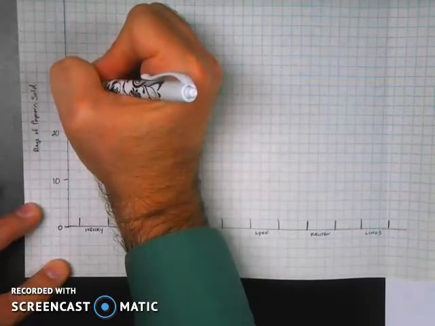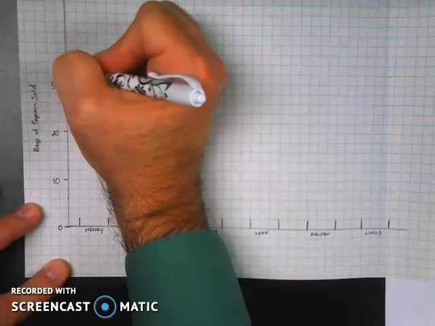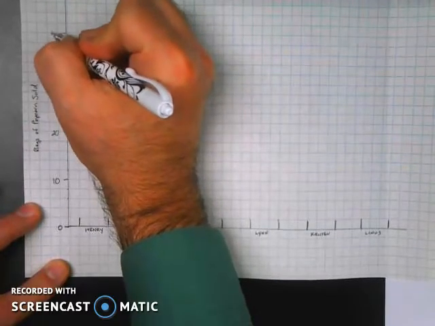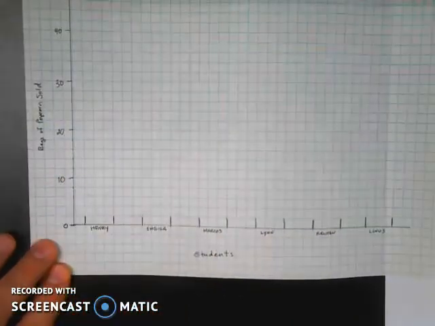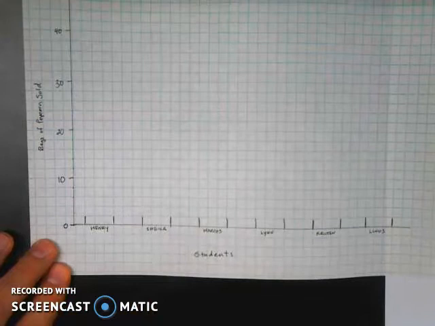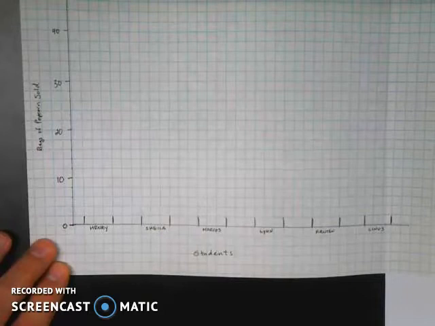And then I'm going to go up because I need at least 35, so I'm going to go up to 40. So every 5 blocks, I'm going to put a number. So we determine the scale and interval, and you can complete that on your paper.